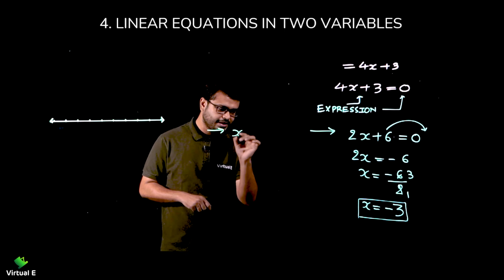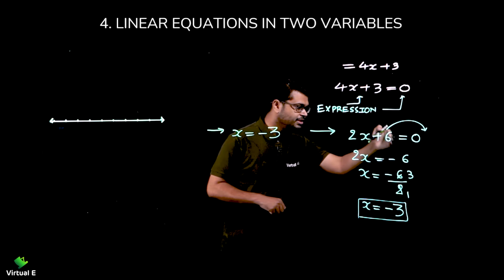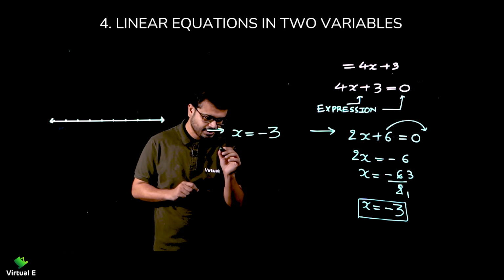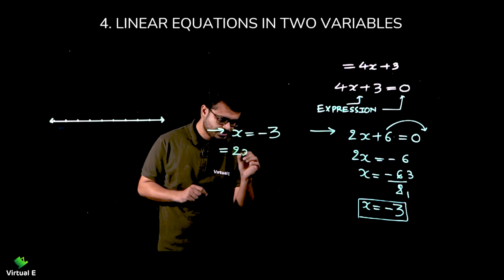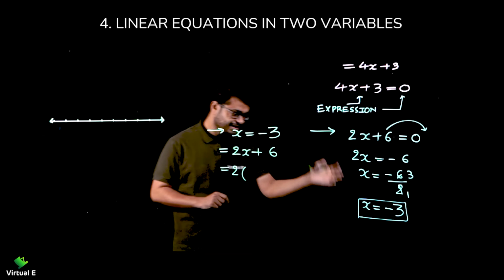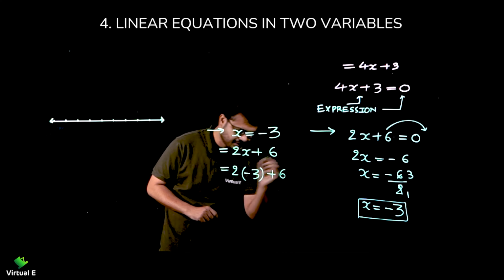Now let's talk about x is equal to minus 3. Here 2x plus 6 is there. I am only talking about the LHS part here. So the LHS part is 2x plus 6. So 2 into, what is the value of x I got as the solution? That is minus 3, plus 6 here.